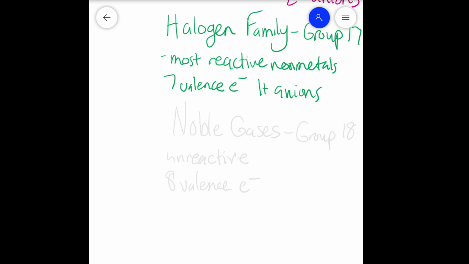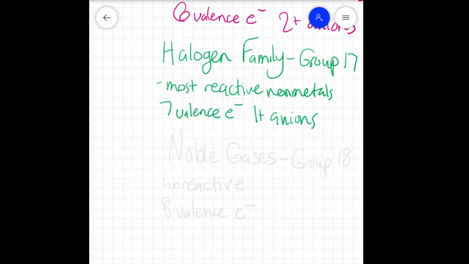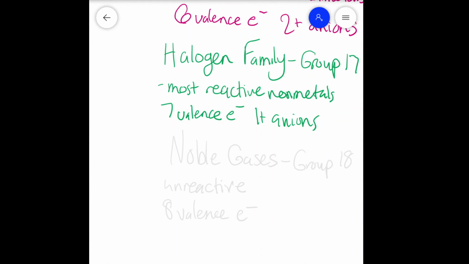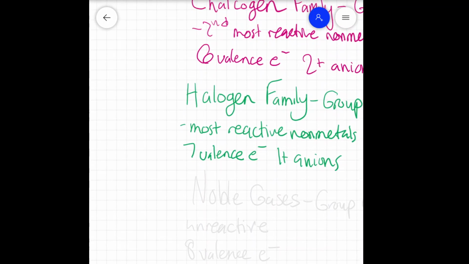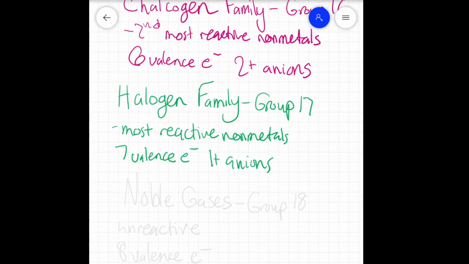But so their shell is full, and so they don't need to. They aren't going to give away any. These elements rarely bond. If they do, they tend to bond with themselves or other noble gases. Because once you have everything you need, you're not really going to give it away, right?